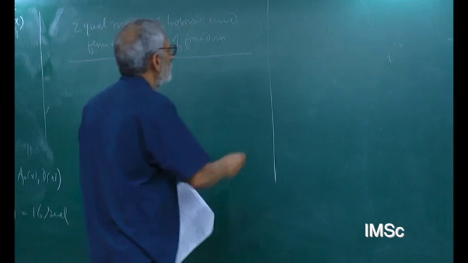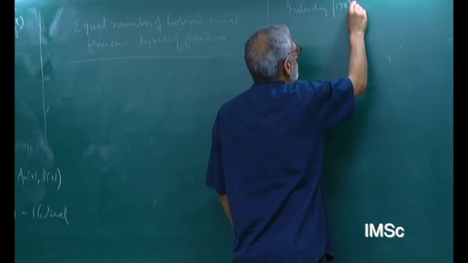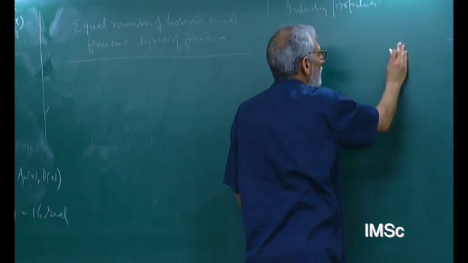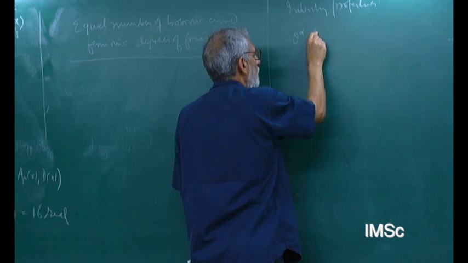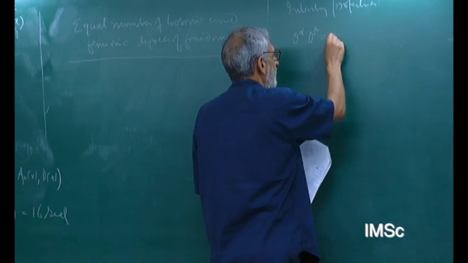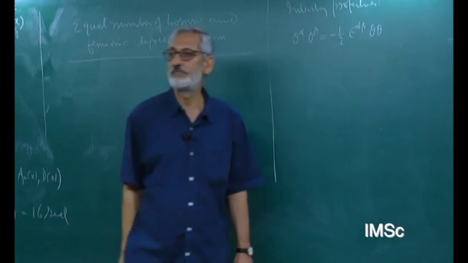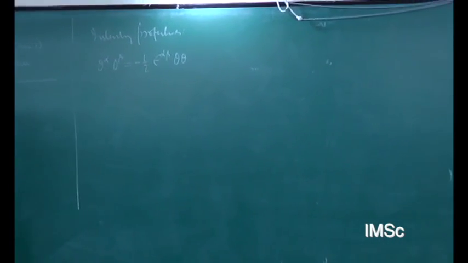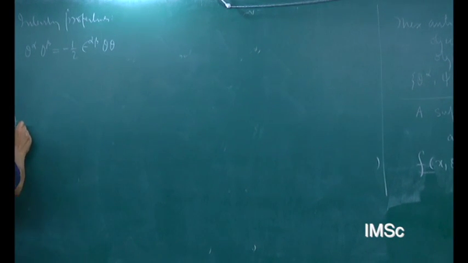So, now some interesting properties. These are very simple, but they are useful in doing calculations. Take theta alpha theta beta, that is same as epsilon alpha beta theta theta. Remember what we meant by theta theta: theta alpha up, theta alpha down, summed.